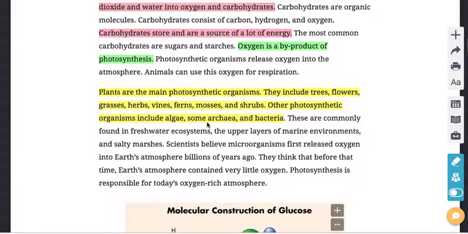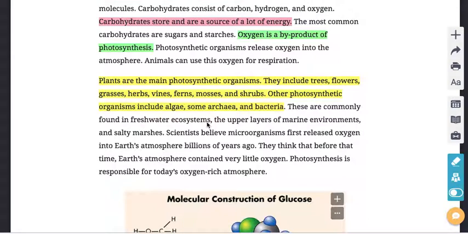So plants are the main photosynthetic organisms, but there are actually a few. There's algae, some archaea, and bacteria. Archaea are single-celled organisms that have a more complicated RNA compared to bacteria, but it's sort of like a bacteria almost, and that's going to be mostly in the waters, mostly in fresh water, but even in marine layers, in the top levels where light can get through, it will be there.